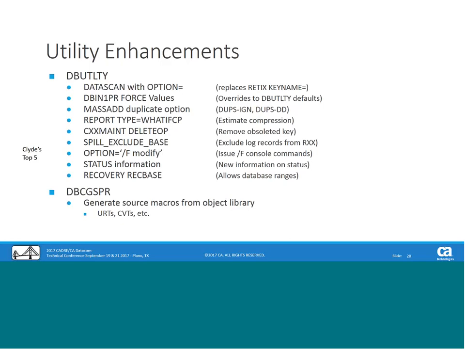If you've lost your source for your URTs, you can just point this utility at the load library that has the URT and it actually generates it back out for you. Same thing with CVTs. If you're a system programmer taking over and you've got a system that you have no idea what the source is, but you know this is the object that's running, this is a really cool utility because you can generate back all those options so you don't have to try to guess what the system was running on.